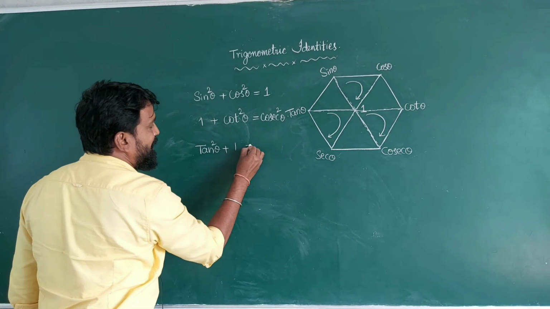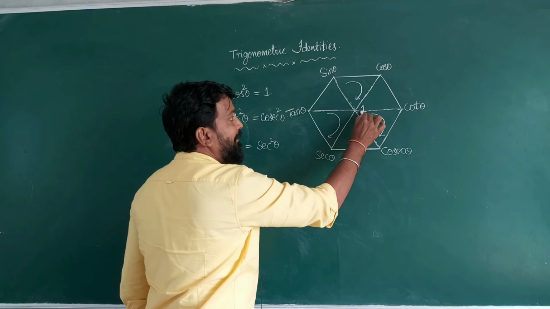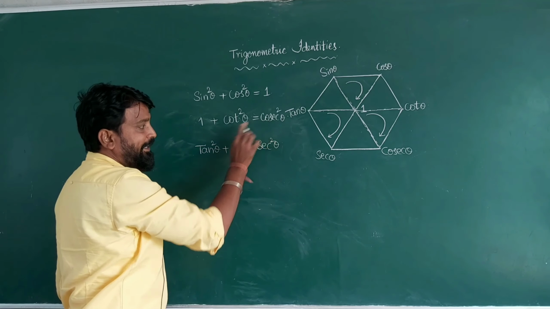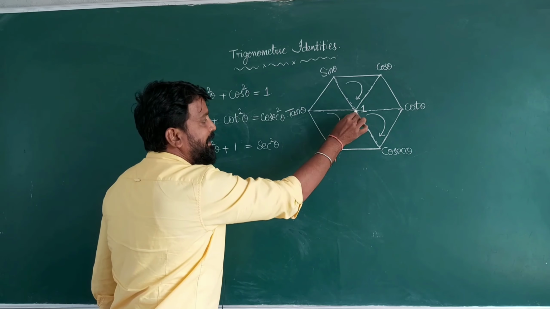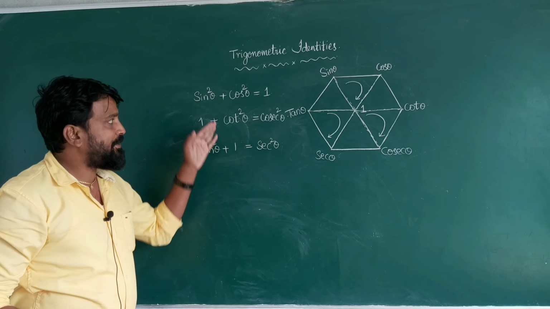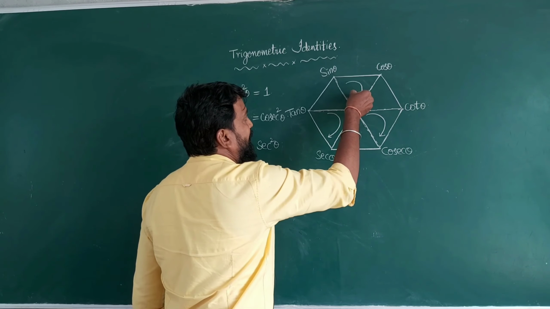This is the third trigonometric identity. Sin square theta plus cos square theta is equal to 1 is the first identity, 1 plus cot square theta is equal to cosec square theta is the second identity, and tan square theta plus 1 is equal to sec square theta is the third. So this is one way.